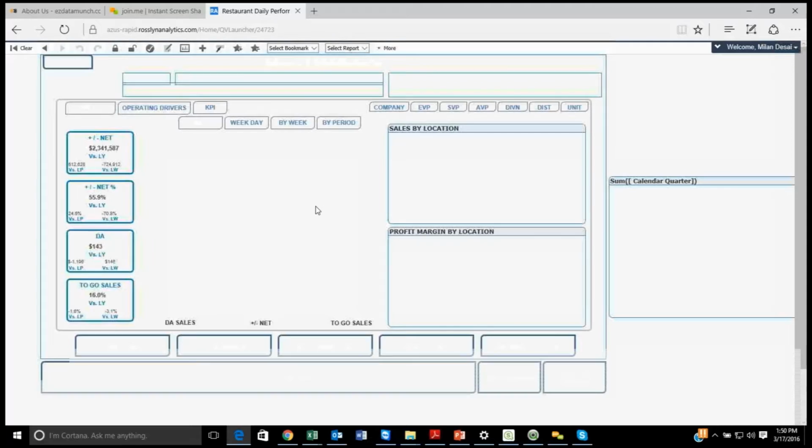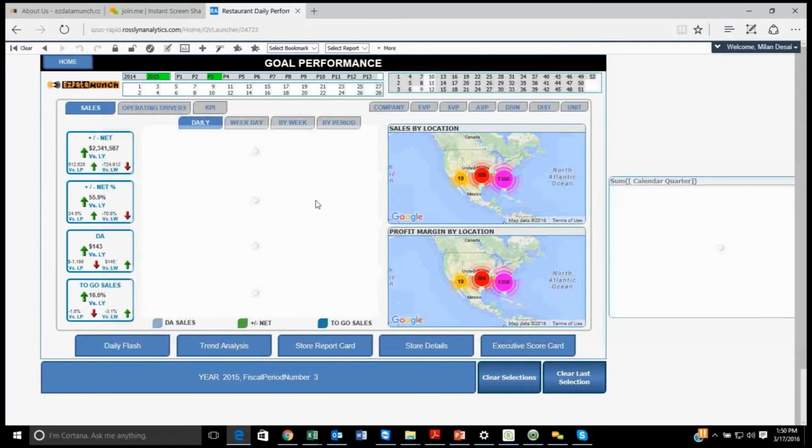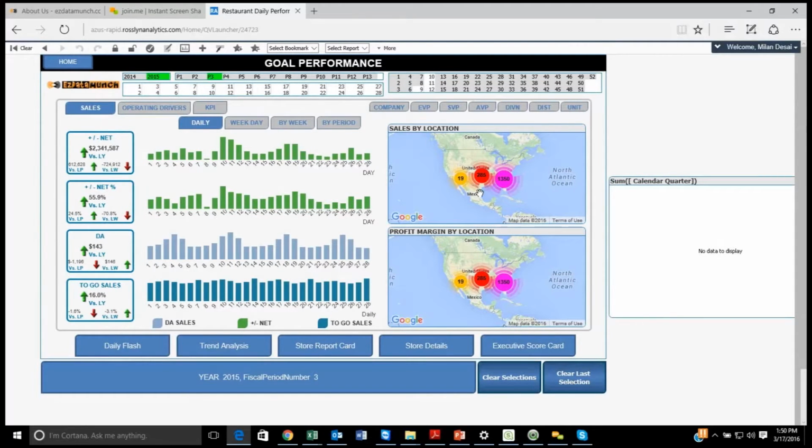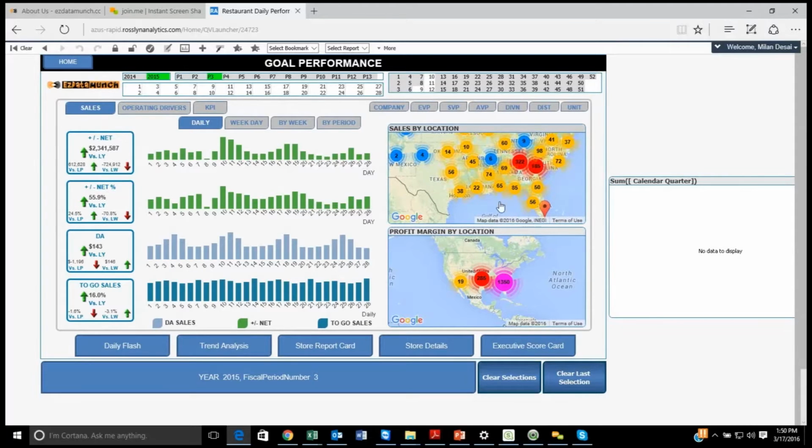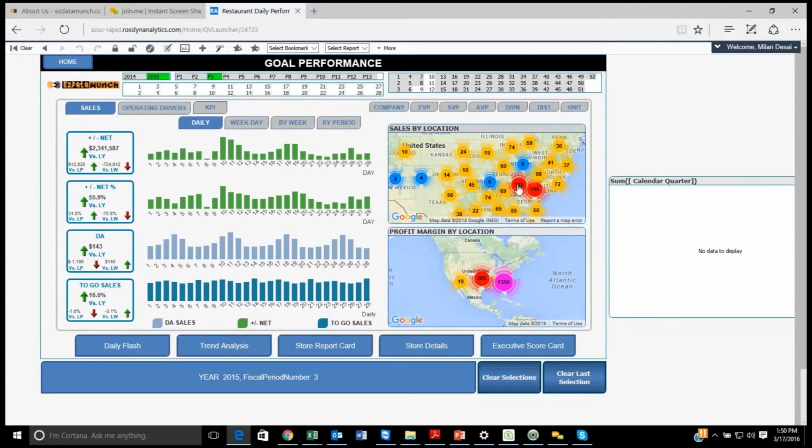Based on the KPI benchmarks that you've decided, you will see a specific location with a different coloring: a red color or a green color or a brown or a yellow or an orange, and each of those colors represents various benchmarks that you may have. If you zoom in, you can see how your stores are performing across different states and different locations. This is a very good way.